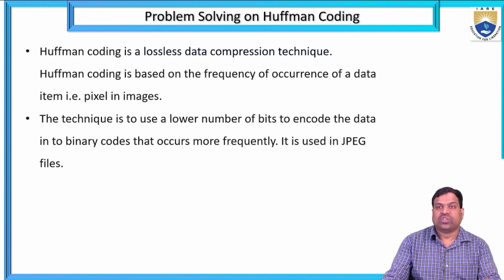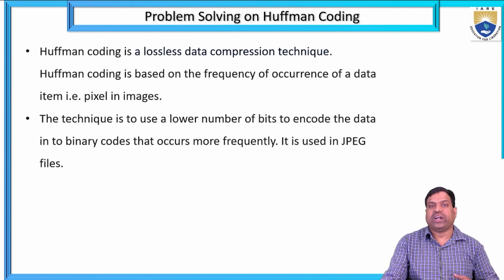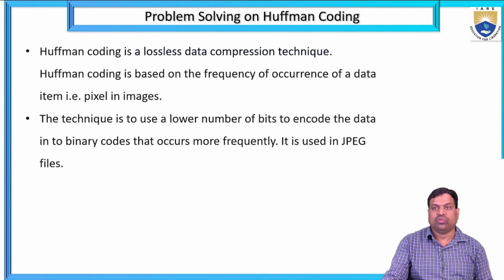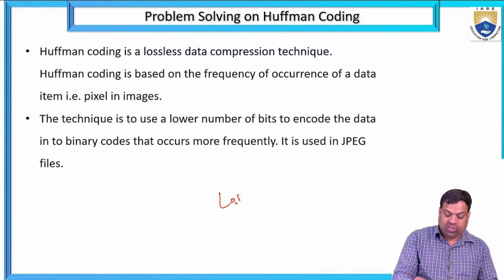Huffman coding is a lossless data compression technique, and Huffman coding is based on the frequency of occurrence of a data item, that is, a pixel in images. The technique is to use a lower number of bits to encode the data into the binary codes that occur more frequently, and it is used in JPEG.